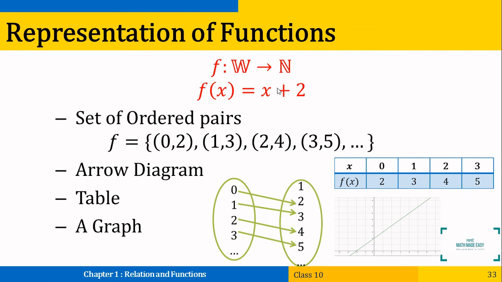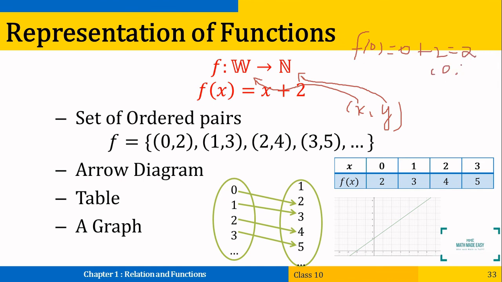The set of ordered pairs consists of all the ordered pairs where each ordered pair contains the element x belonging to the domain and the element y belonging to the range of f, or the element y is actually the processed information from the domain. Like if x equals 0, then f of 0 would be 0 plus 2, that is 2.